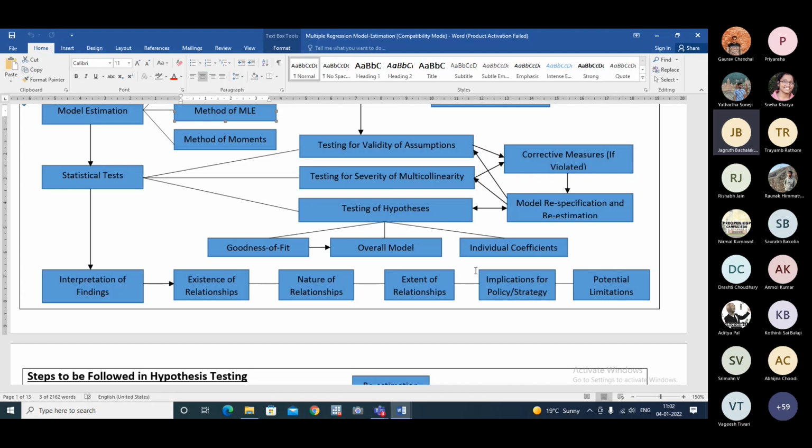At the same time, in econometric analysis, of course, it is true in regression analysis also, I would be focusing a bit on the potential limitations of what you have done. This is very, very important, knowing what I have done and what I couldn't do.